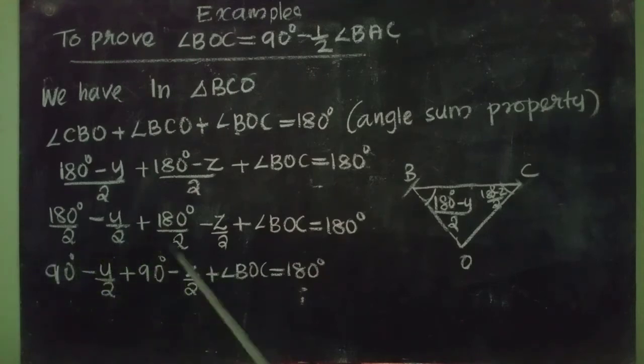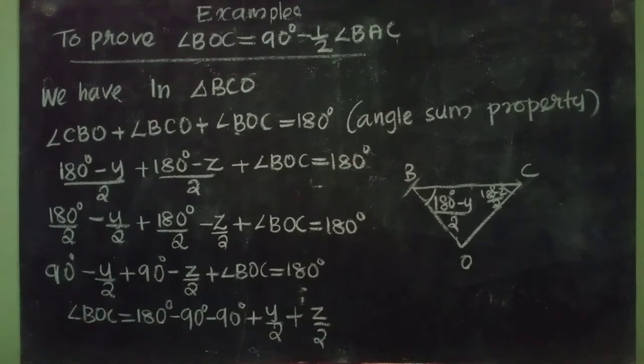Remaining all these values we can move to right side. So we get angle BOC equal to 180 degree minus 90 degree minus 90 degree plus y by 2 plus z by 2. This plus 90 degree is shifted to right side.